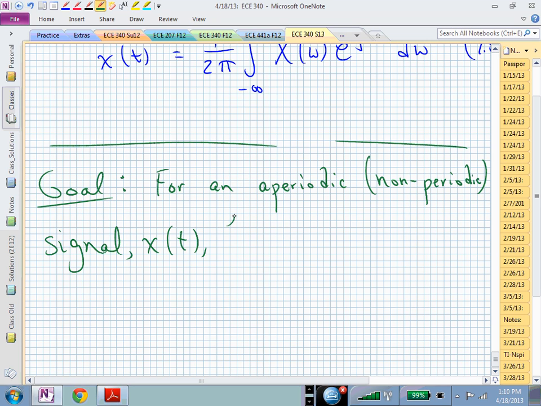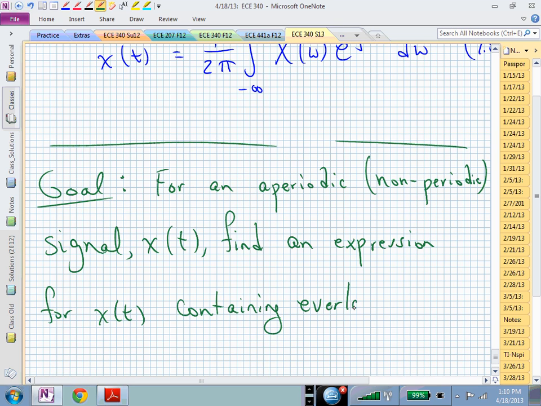But now what we want to do is find an expression for x of t containing everlasting exponentials.